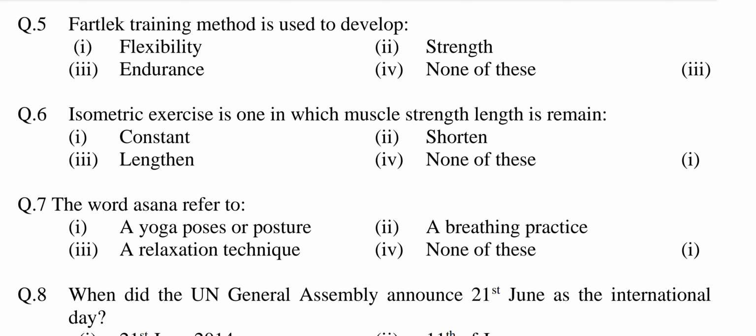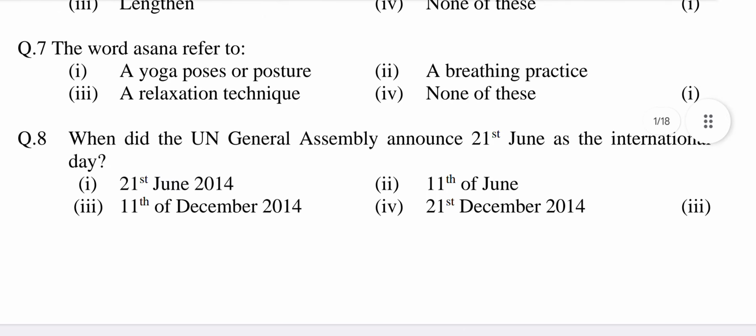Question number 7. The word asan refers to: option first, a yoga pose or posture; second, breathing practice; third, a relaxation technique; fourth, none of these. Answer is option first, a yoga pose or posture. Question number 8.